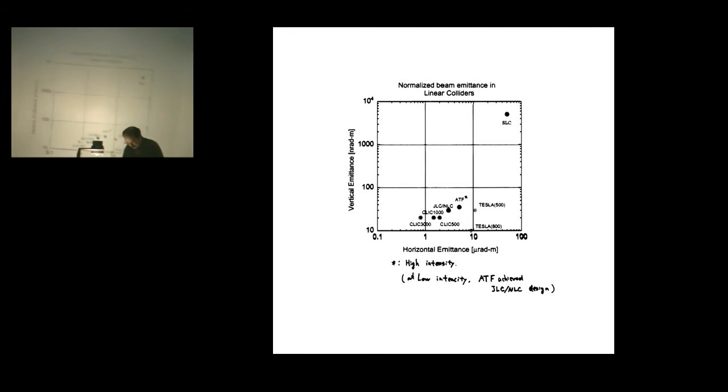Okay. At ATF, we have a lot of programs to test instrumentation. Let me show one example. This is the laser wire monitor in the damping ring. We use wire scanner monitors to measure the beam profile.